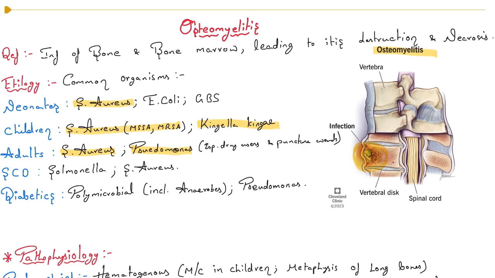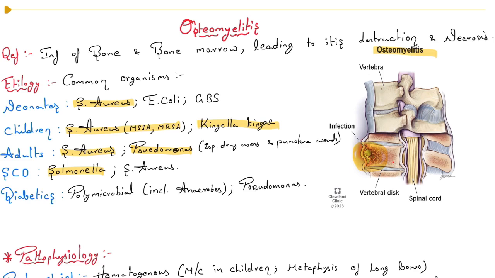If any patient has sickle cell disease, they are very prone to Salmonella causing osteomyelitis. Salmonella is very important. Next, in diabetes it is mostly polymicrobial, like anaerobes or Pseudomonas, so it can cause diabetic foot. In diabetic foot also we can sometimes see this type of osteomyelitis.